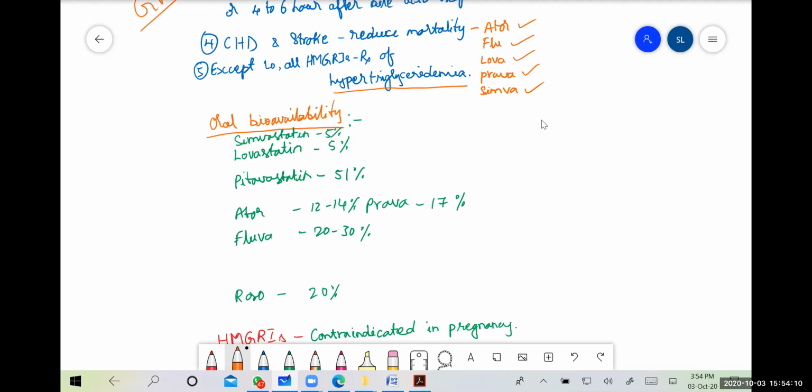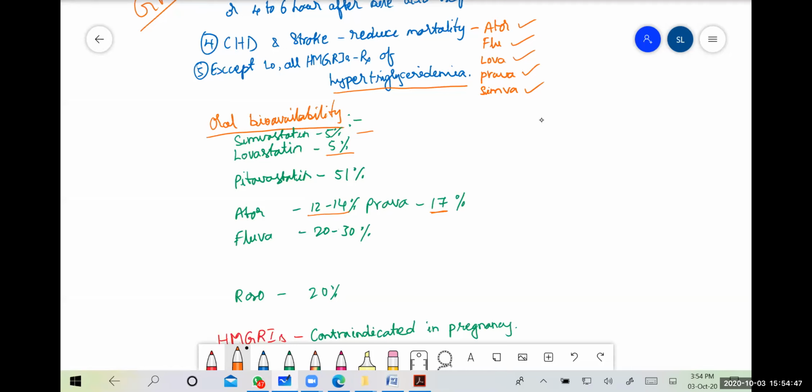Then coming to the oral bioavailability of HMG-CoA reductase inhibitors. Simvastatin and lovastatin have very low bioavailability, that is 5%. Of all the statins, simvastatin and lovastatin have the least oral bioavailability, whereas atorvastatin and pravastatin are in the range of 12 to 14 and 17 percent respectively, and fluvastatin and rosuvastatin have 20 to 30% and 20% respectively.